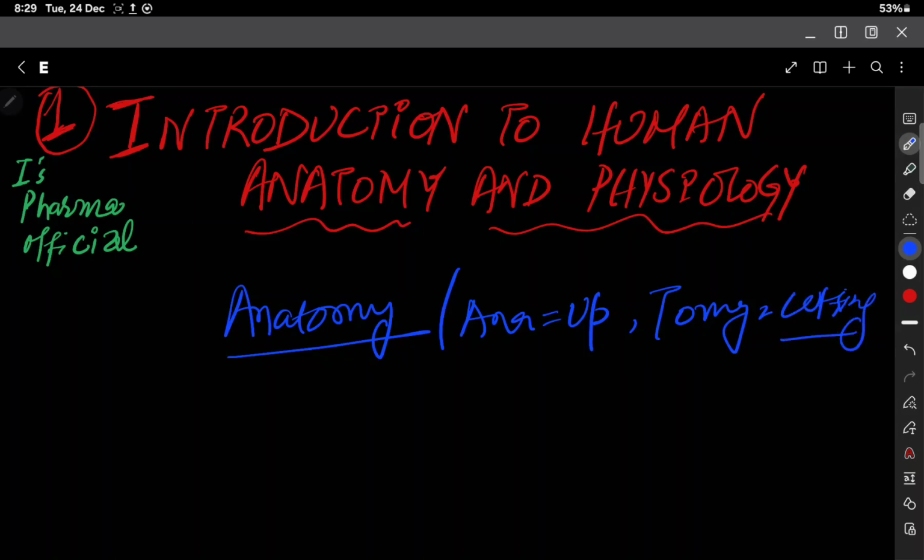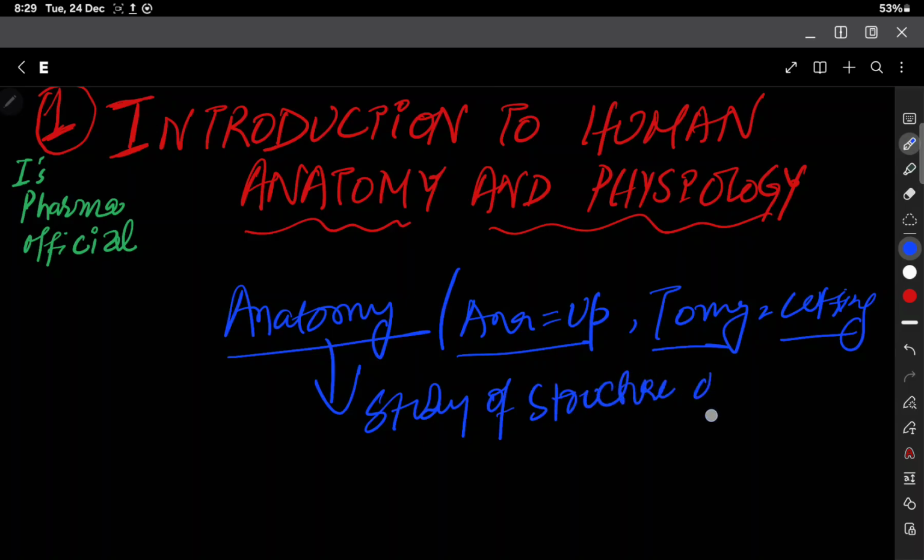So anatomy: ana means up, and tomy means cutting. We can say that it is the science of body structure and the relationship among them, or the study of structure of body.